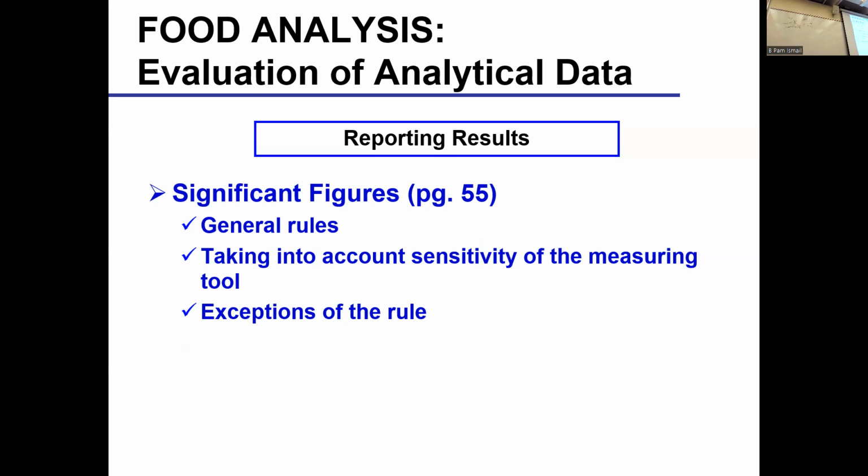We will be calculating. We're going to be using addition, division, and multiplication. How do we report our significant figures? So again, I'm going to give you examples of certain general rules. Let's do an addition.